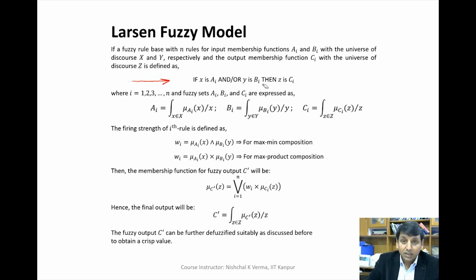So these two are the antecedents, and then the THEN part, that means the consequent part, starts now: then Z is Ci. So here we have the consequent part, and this is the premise part or antecedent part. So we have a fuzzy rule where we have two antecedents. Here this can have multiple antecedents or even a single antecedent also.